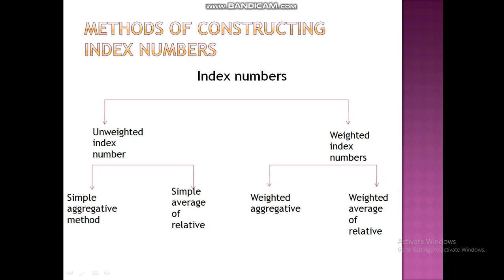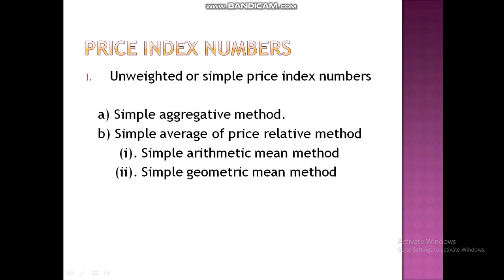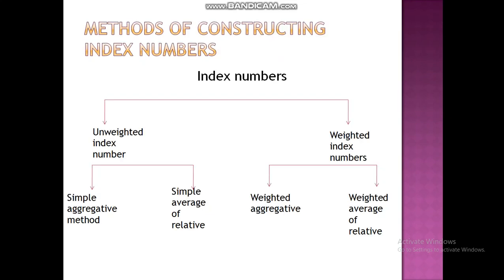So in the construction of these index numbers, it can be broadly classified into two. The first one is unweighted index number and the second one is weighted index numbers. Here I am telling the general one. Similarly, we can do this for the price index numbers, for the quantity index number, and also for the value index number.